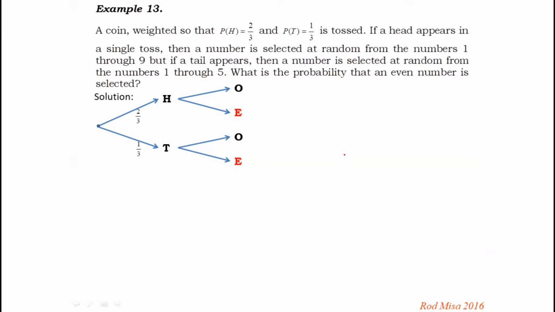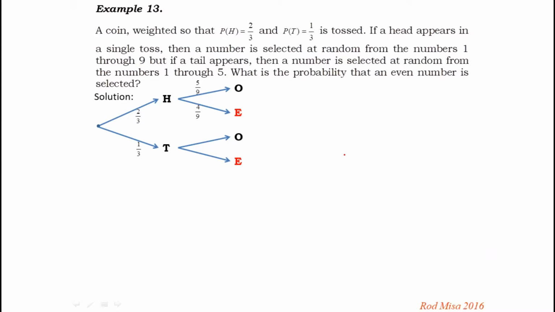When you have a head as a result of tossing the coin, there is a probability of 5/9 of choosing an odd number, since there are 5 odd numbers from 1 through 9, namely 1, 3, 5, 7, and 9. But there are only 4 even numbers from 1 through 9, which are 2, 4, 6, 8. So therefore, the probability is 4/9.